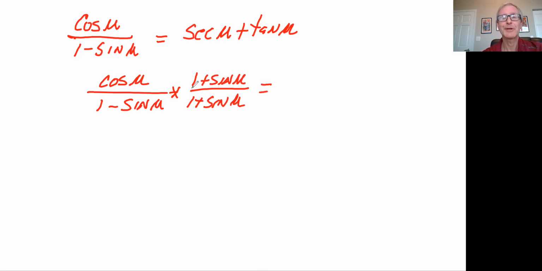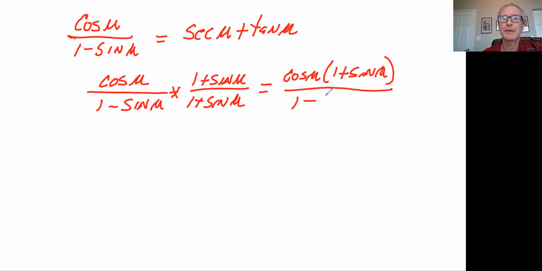And so what happens on the top? On the top you would get cosine of u times 1 plus sine of u. And what do we have on the bottom? 1 minus sine squared. You have to remember 1 minus x times 1 plus x.